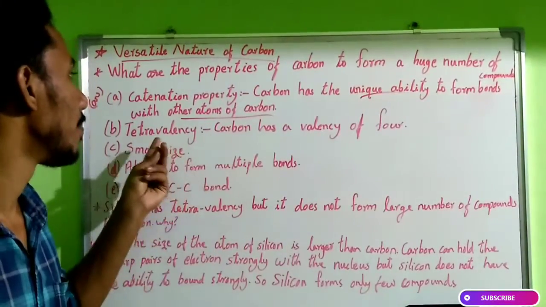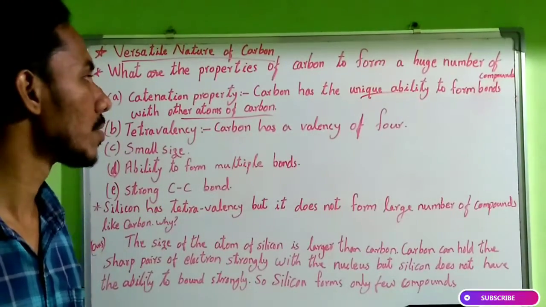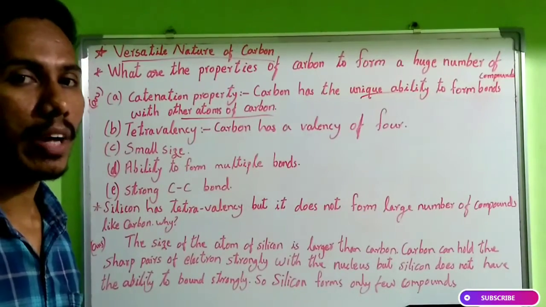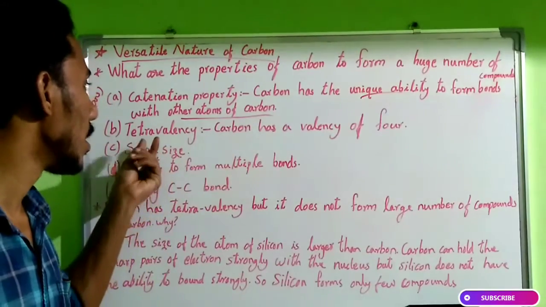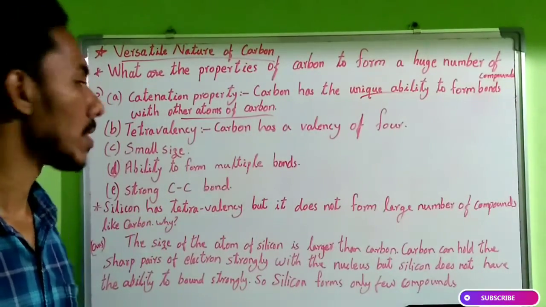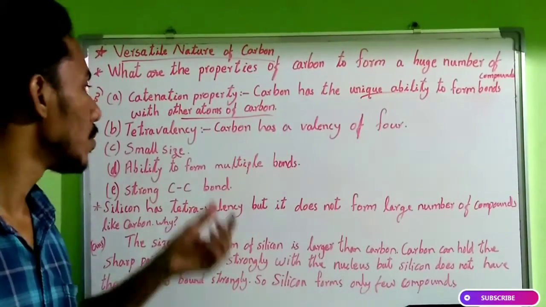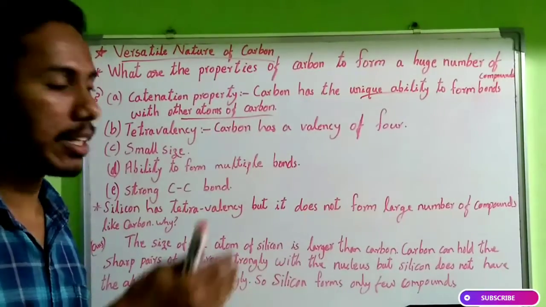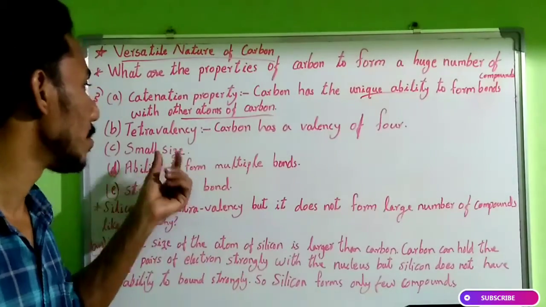Okay, then the second one, tetravalency. Tetravalency of the carbon atom: carbon has a valency of 4. That property is called tetravalency. Then small size. Compared to silicon or other elements in the group of carbon, it is smaller in size.